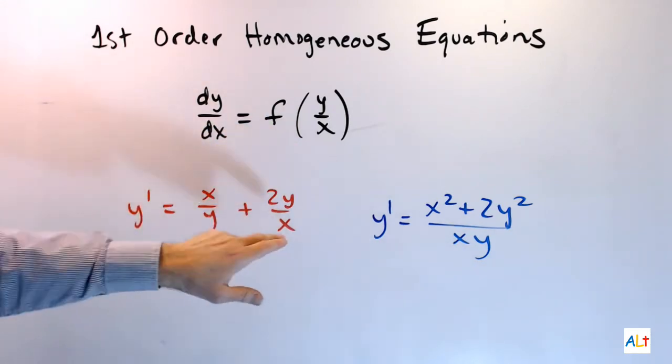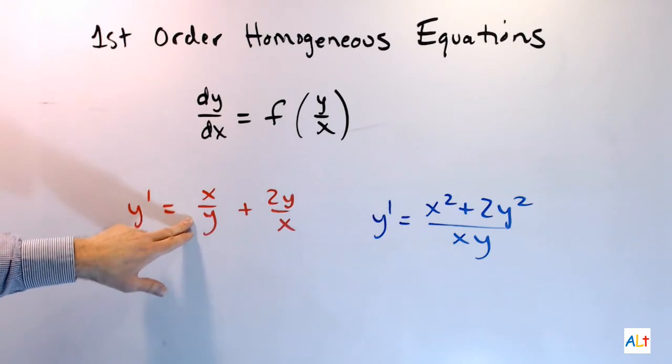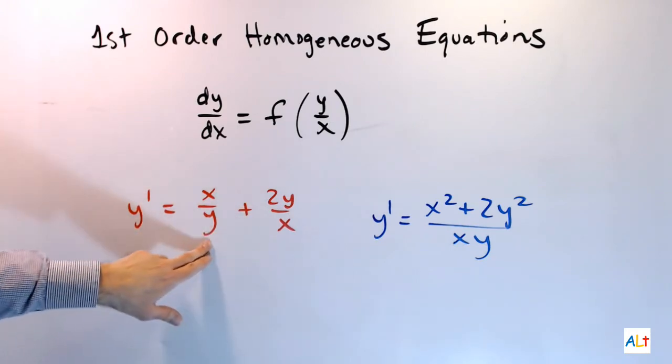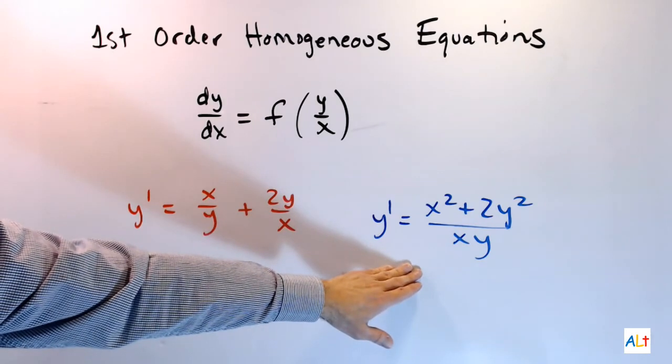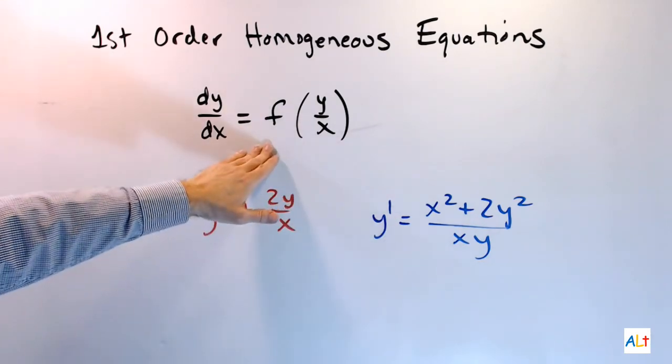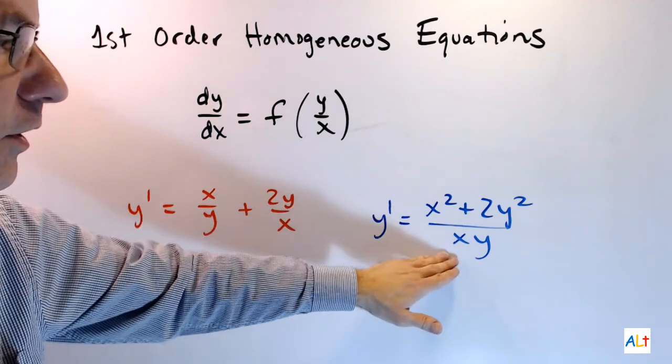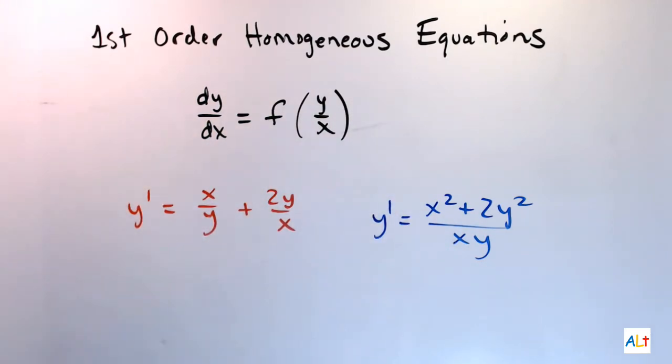Here's our function, and x over y is certainly a function of y over x, so that fits the pattern. Here's another homogeneous equation. This does not fit the format so obviously until you realize that this is actually the same as this. So you are within your rights to fiddle around with equations and rearrange them to try to shoehorn them into a format that you're familiar with.